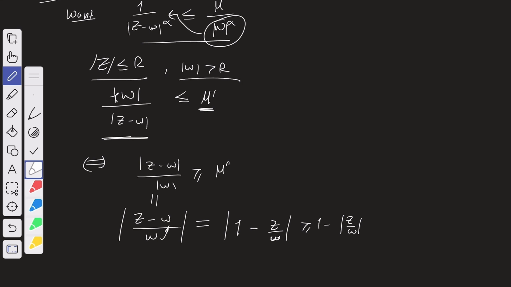And since all of our omegas are strictly bigger than r, we may pick the omega naught, the omega with the smallest modulus above r. So we may pick the omega with modulus being some r plus d, where d is some positive number, such that all of these periods that have modulus strictly bigger than r have modulus at least that of omega naught. And recall, this is possible because in every compact set a meromorphic function has finitely many zeros.